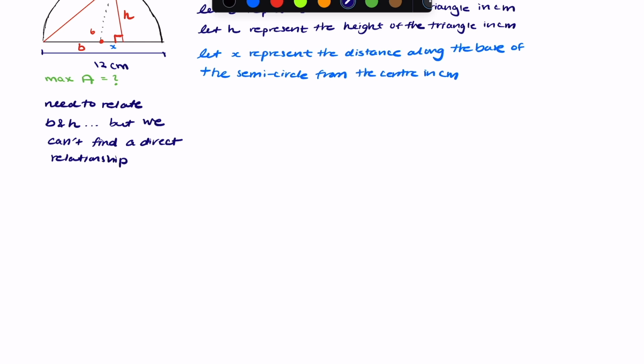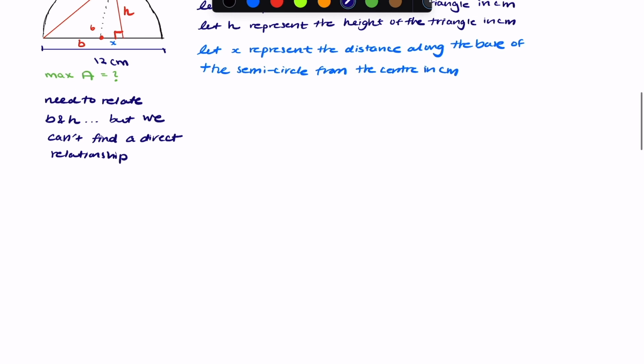Okay, so instead, what we need to do is relate both to the same intermediate variable, which would be x. So here we can write: relate both to the same intermediate variable.